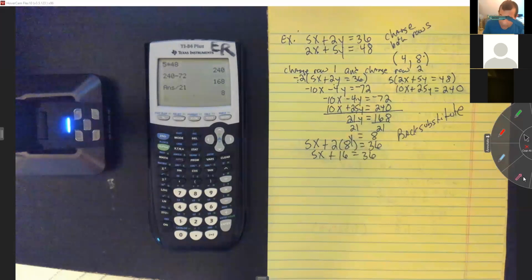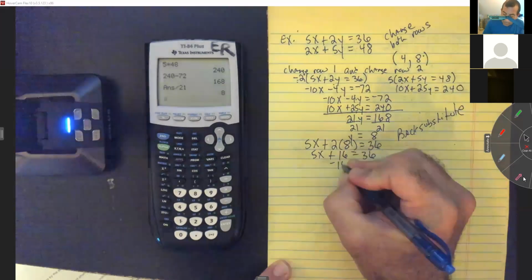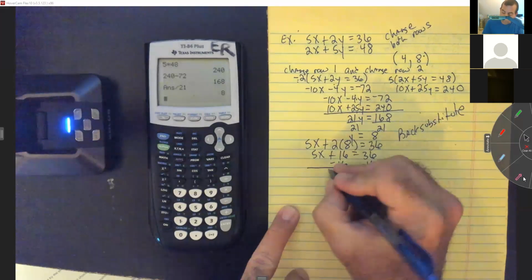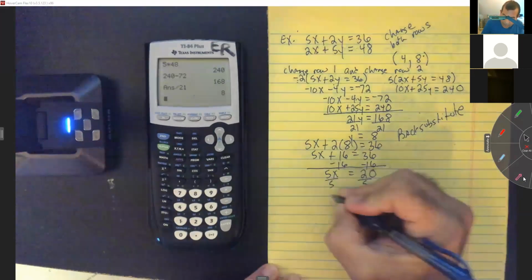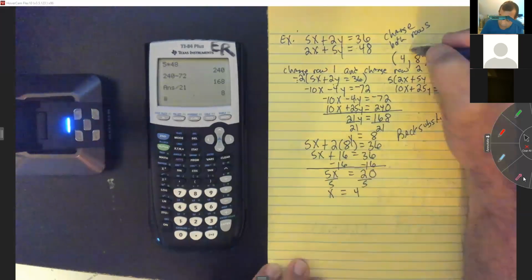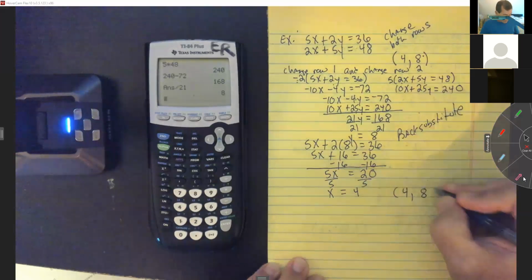All right, so solve that. I'd probably subtract my 16. So notice I get 5x equals 20. And then y'all final step, divide by 5. And let's see, x is 4, which is what we got earlier. So then I still get what, a 4, 8.